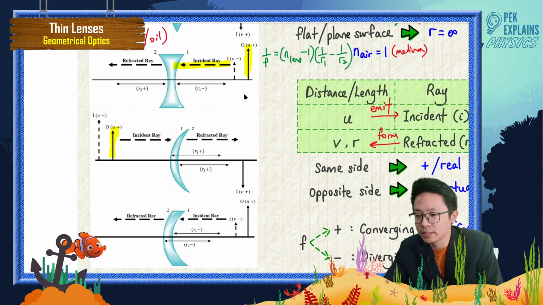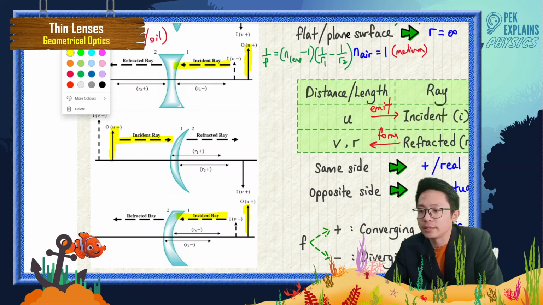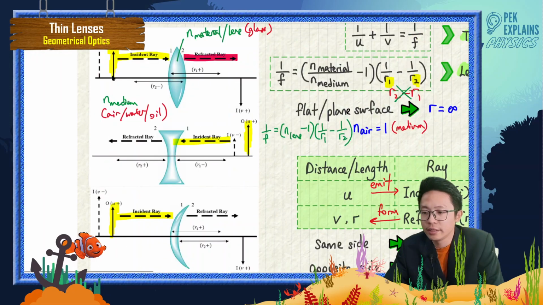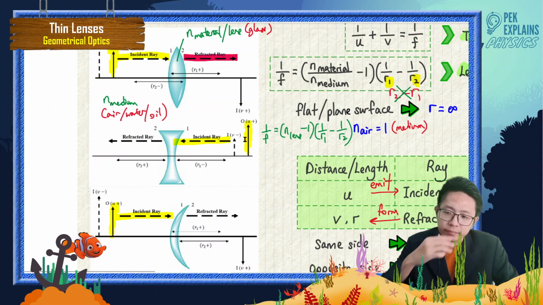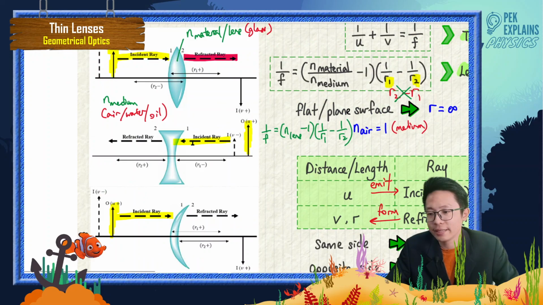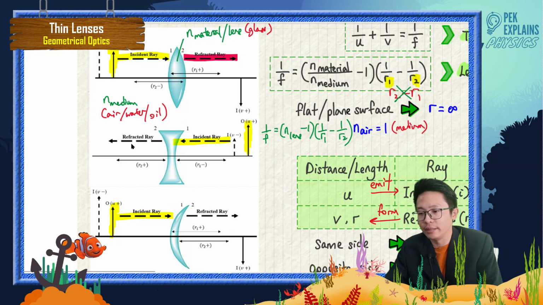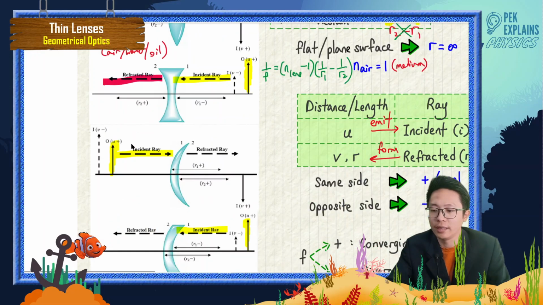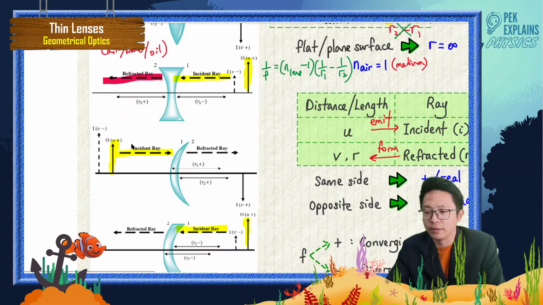This is the object over here, the incident ray here. You see that? And then the other side is the refracted ray. If the object is at the right hand side, then the refracted ray is at the left hand side over here.